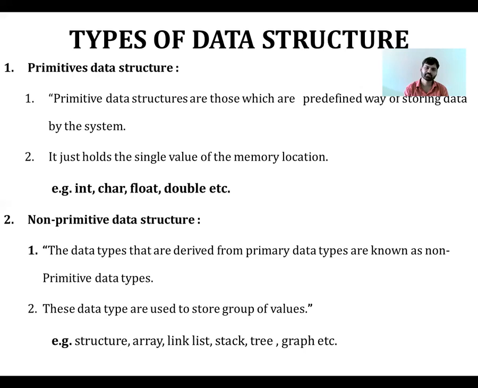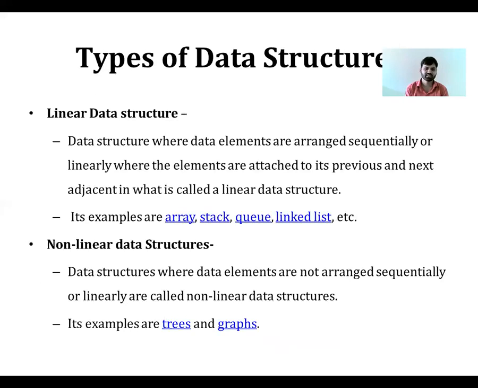Next, linear and non-linear data structures. I have already explained both definitions to you. Data structures where data elements are arranged sequentially or linearly, where the elements are attached to their previous and next adjacent elements, are called linear data structures. Examples are array, stack, queue, and linked list.